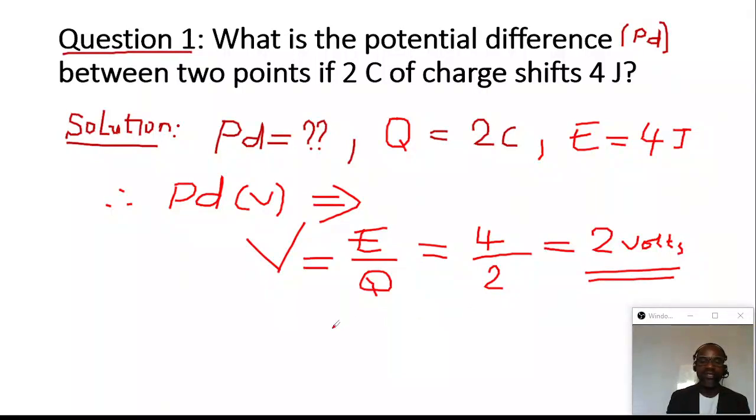In summary, potential difference V is given as 2 volts. That's the value of the potential difference we're looking for.